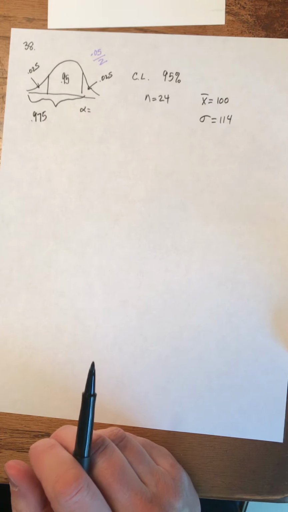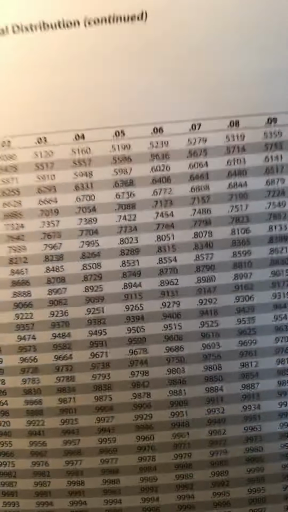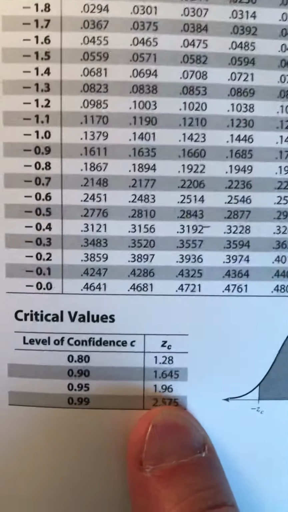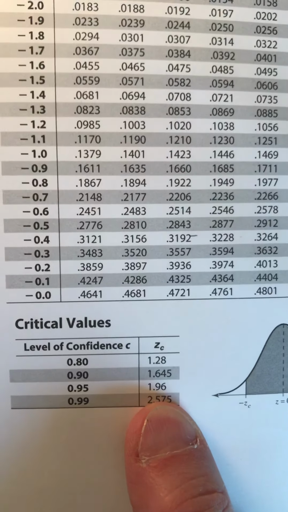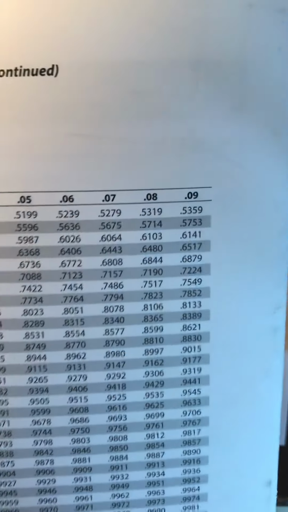But again, there's a shortcut to this, but I want you to understand the process of what's going on. If I look up in my normal distribution table, the .975, I'm real close right in here. But if you notice, for 95%, they're going to give you 1.96. They give it to you. So in other words, they look it up for you. Where's my 95%?